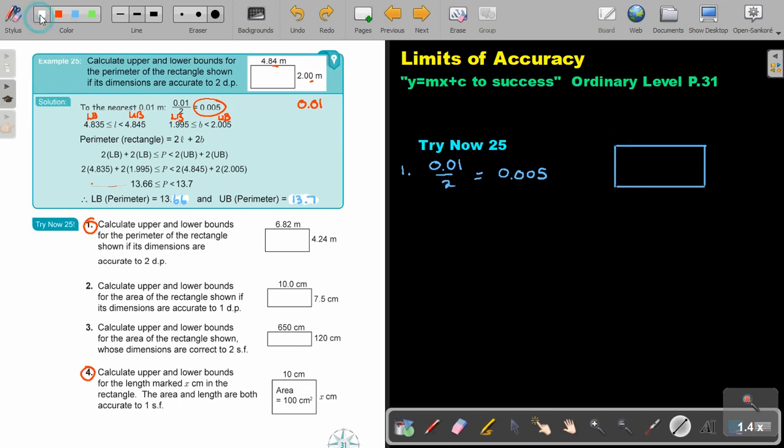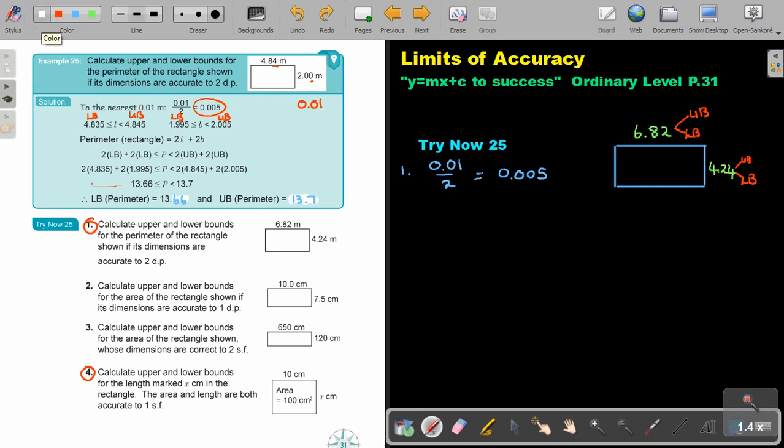Okay, so what were the 2 values? The 2 values were 6.82 and 4.24.